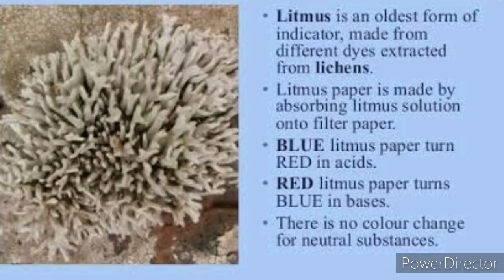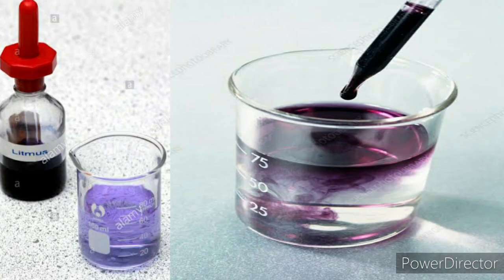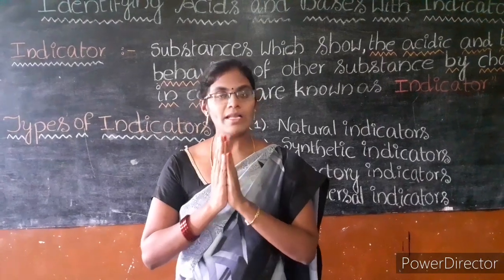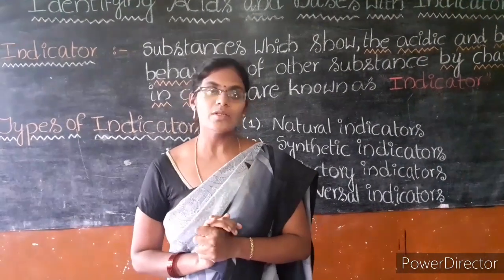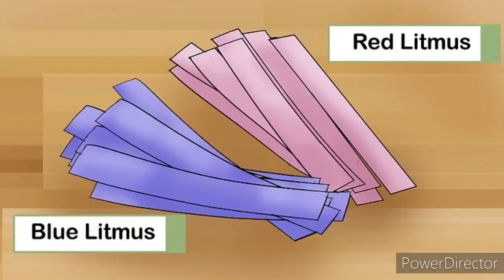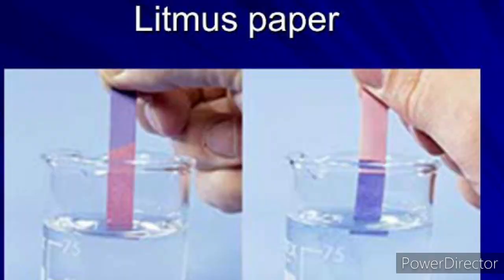Litmus paper comes from the plant lichen. The solution of litmus is purple in color. These litmus papers are available in two colors: blue litmus paper and red litmus paper. Blue litmus paper turns red when we dip it into acids.